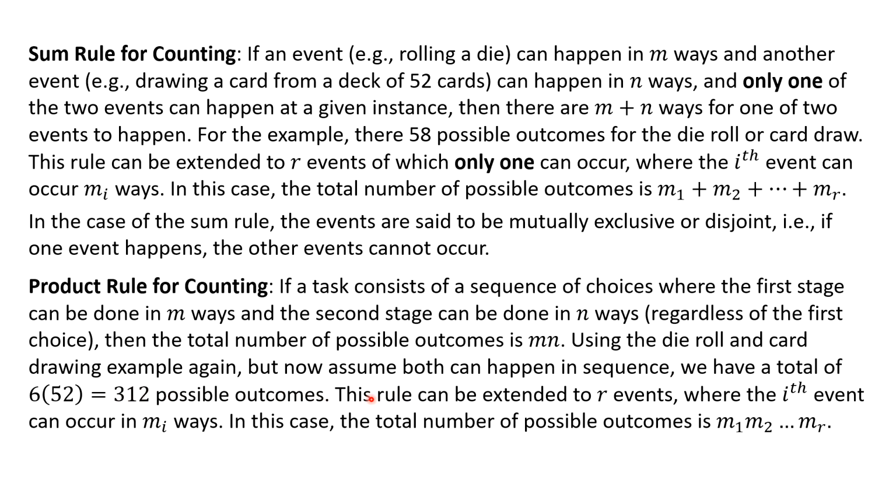And again, we can extend this to r events, where the ith event can occur in m sub i ways, and then the total number of outcomes is just m sub 1 times m sub 2 times up to m sub r.